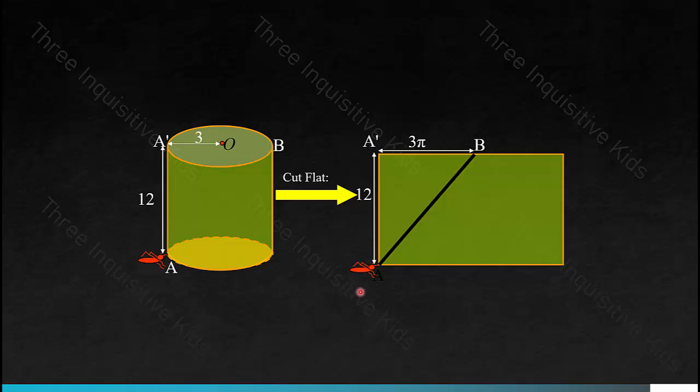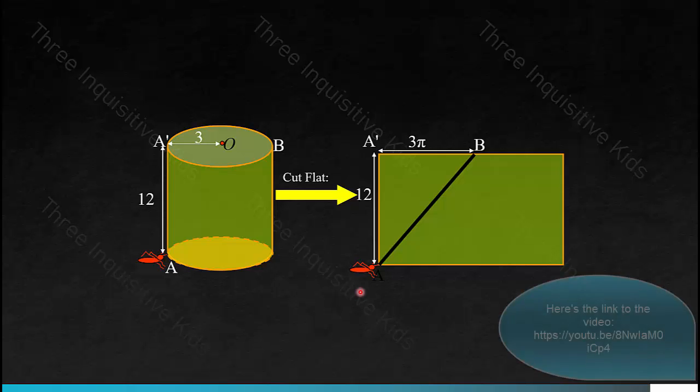Well, we can make this into a net figure. Back in the very first chapter in 7th grade, we learned all about how we can turn a 3D figure into a two-dimensional one.